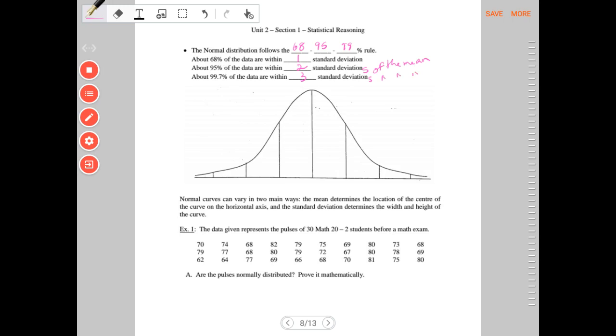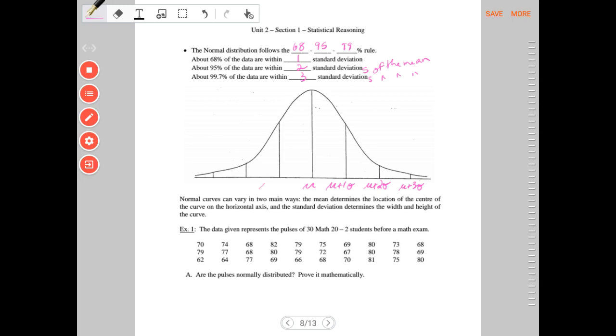If we were to draw this, the mean, of course, goes in the middle, and we call that mu. To the right would be the mean plus 1 standard deviation, mean plus 2 standard deviations, and mean plus 3 standard deviations.